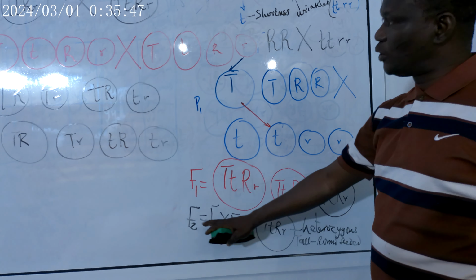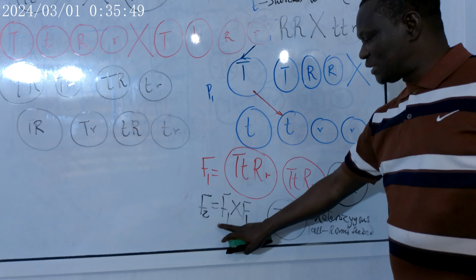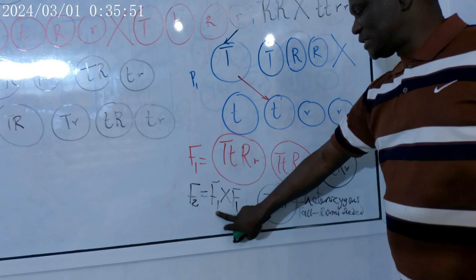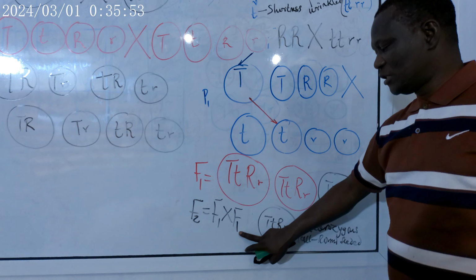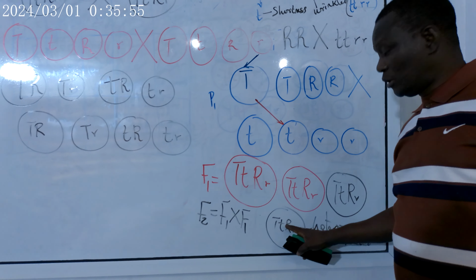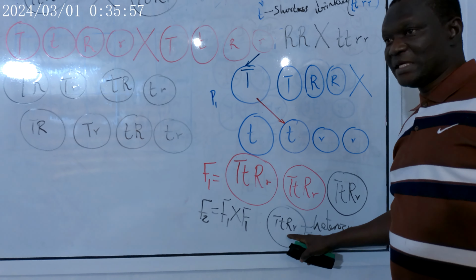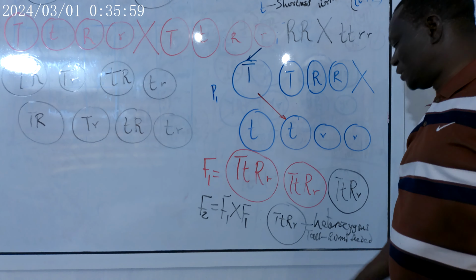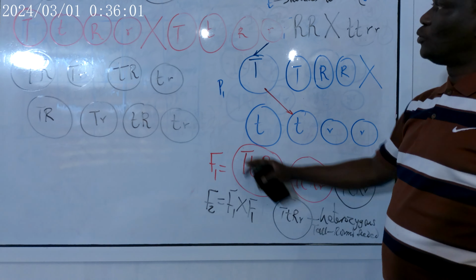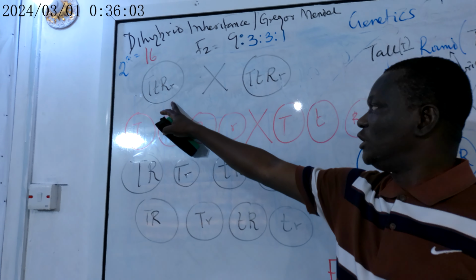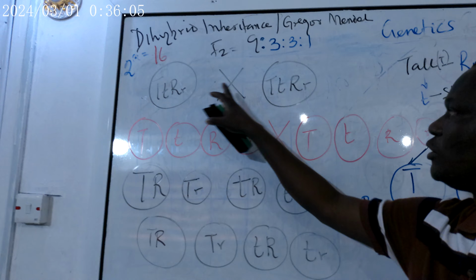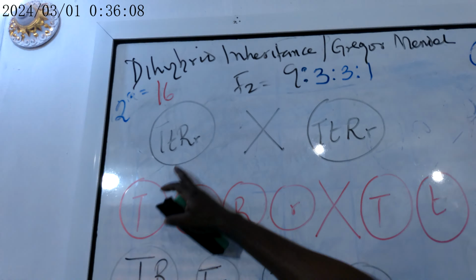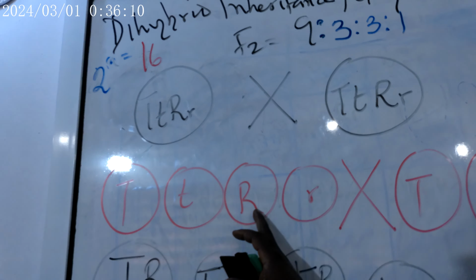And don't forget that if you want to get F2, I told you that the second filial generation is the intercrossing between the first filial generation, the genotype of the first filial generation. So when you now cross them together, this one is going to produce the following gametes.